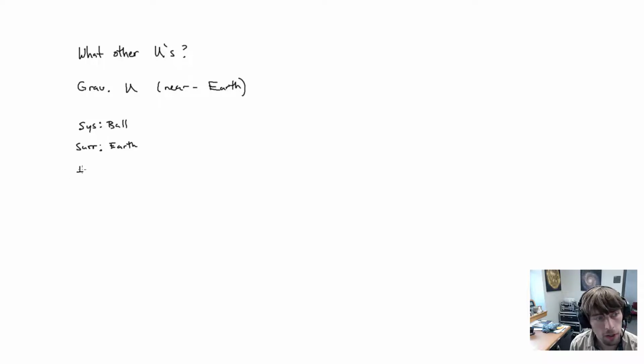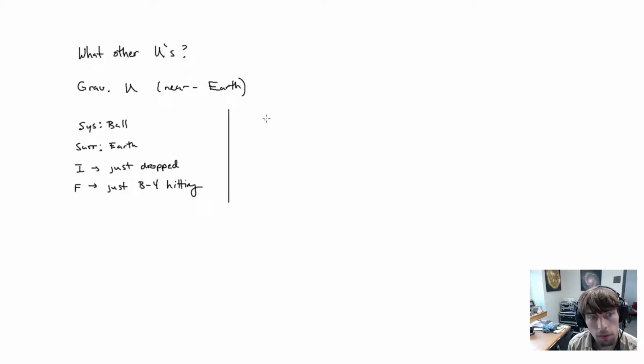We'll have our initial state just dropped, and our final state as just before hitting the ground. And we can run our problem. Since we have our system as our ball, we'll approximate it as a point particle, and we'll apply our work kinetic energy theorem. So we get our work is equal to our change in kinetic energy.